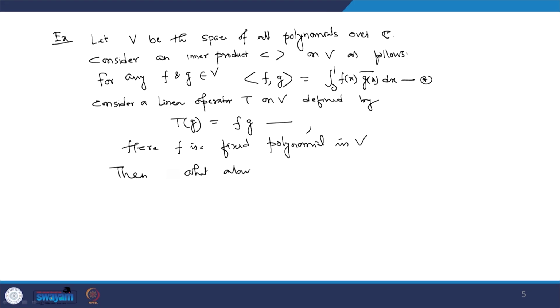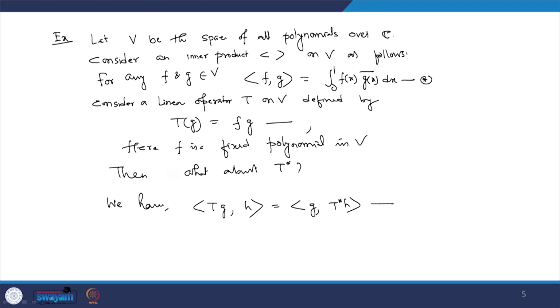What about T star? We have the inner product of Tg and H, for any H belonging to V and g belonging to V, equal to the inner product of g and T star H. So, we are looking for the adjoint operator T star which satisfies this condition. We are not saying that T star will exist.